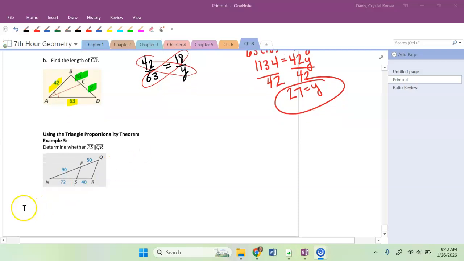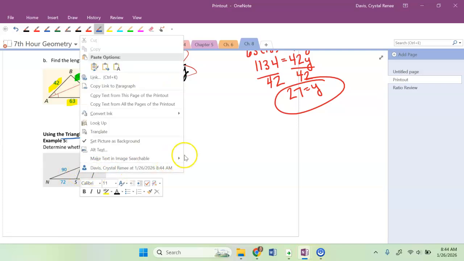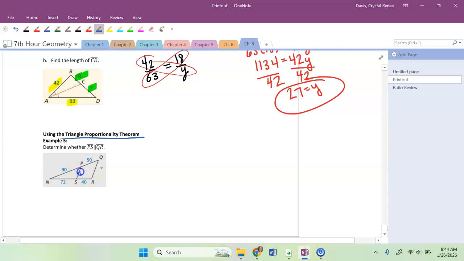All right, let's look at our last example for this video. Okay, we kind of cheat because it says using the triangle proportionality theorem. Okay, so for these to be proportional, or if these are proportional, then these will be parallel. Okay, if these are not proportional, these will not be parallel.